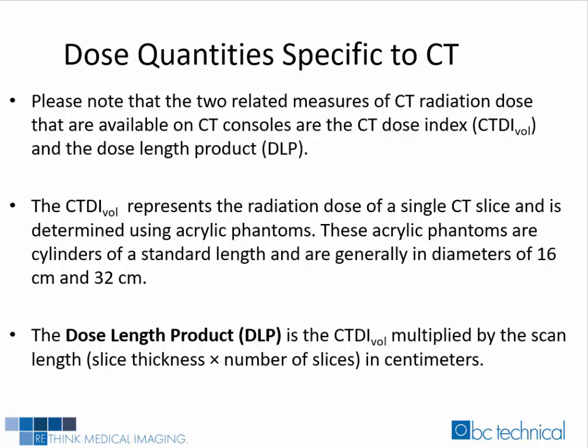These acrylic phantoms are cylinders of a standard length and are generally in diameters of 16 centimeters and 32 centimeters. The dose length product, DLP, is the CTDI volume multiplied by the scan length. That is, slice thickness times the number of slices in centimeters.